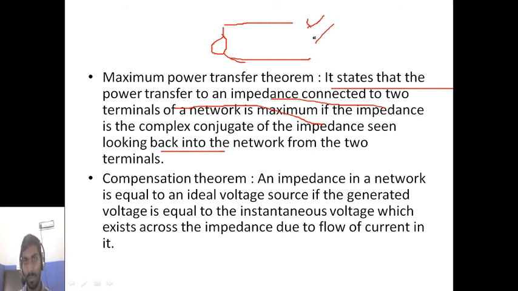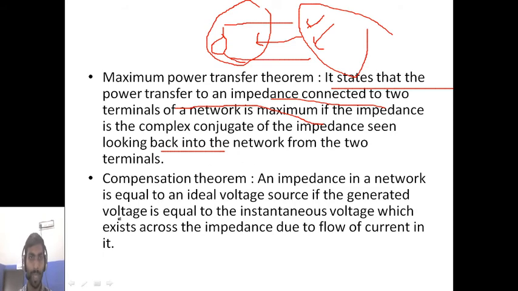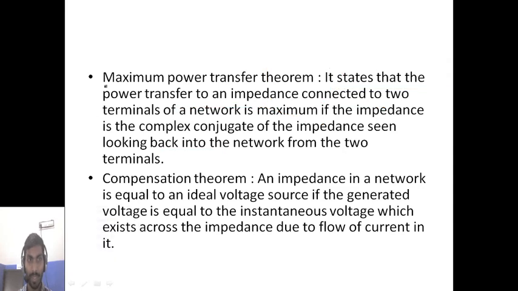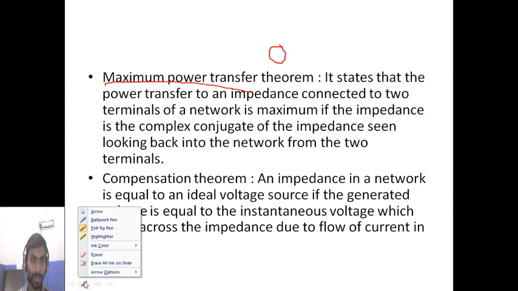If you check it from this direction, whatever impedance you have, this is your source impedance, should be matching with the impedance of the load. Okay, that is what maximum power transfer theorem states. If these both impedances are matched, then we can say that maximum power is transferred from source to load. Okay, when you want to transfer maximum power from source to load, you need to match the impedances of the source with the load. Okay.